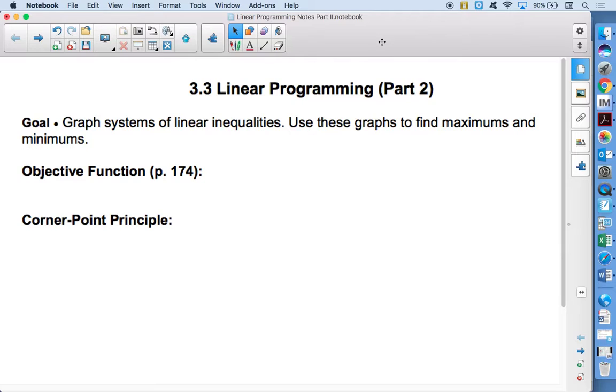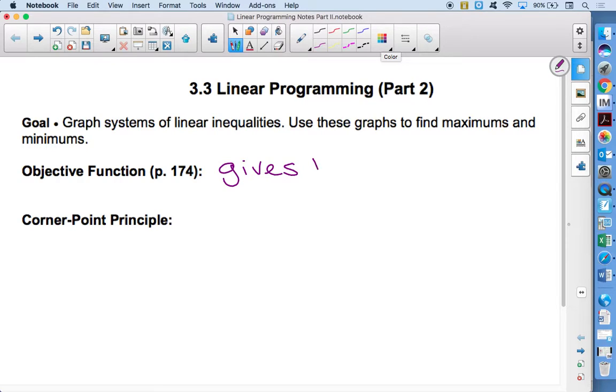So 2 vocab terms, the objective function we kind of talked about yesterday. Objective means goal, so that would be like our goal to get for the problem, but it also gives us the maximum or minimum value of the function or of the graph.